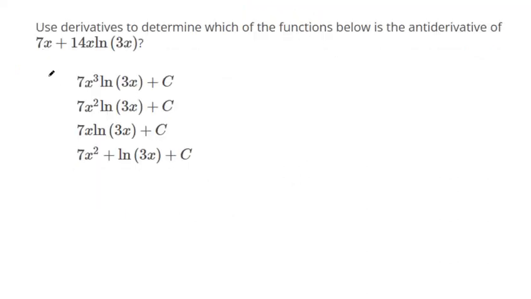Same thing here. We want to take a derivative of each term to see if it turns back into this. And if that is true, we have found the antiderivative. So these ones need product rule. All of these are going to, well, except for this one. This is a function of x, and this is a different function of x. So we take a derivative of the first function, that's 21x squared, times the second function kept the same, plus the first function kept the same, times the derivative of the second function.